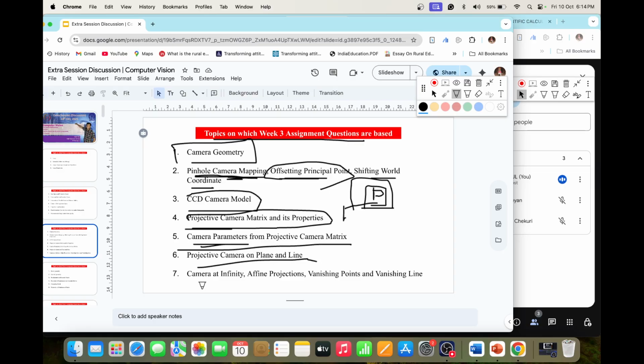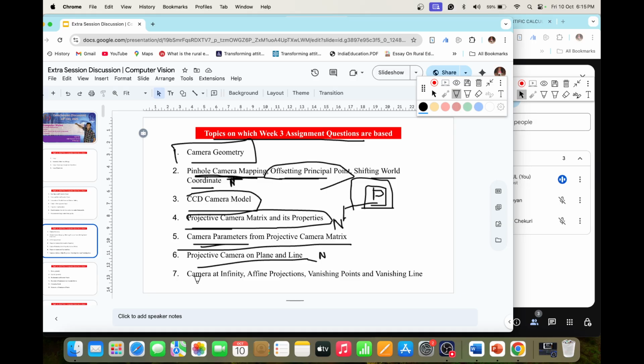That is very important from the numerical point of view. The projective camera matrix and its properties are important. Even this is also important, because from this we have the different projective matrices. So just go through it.